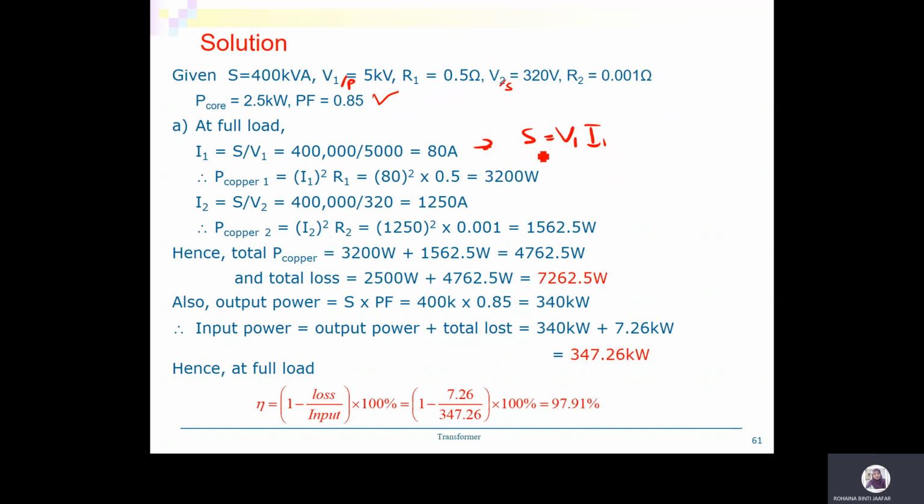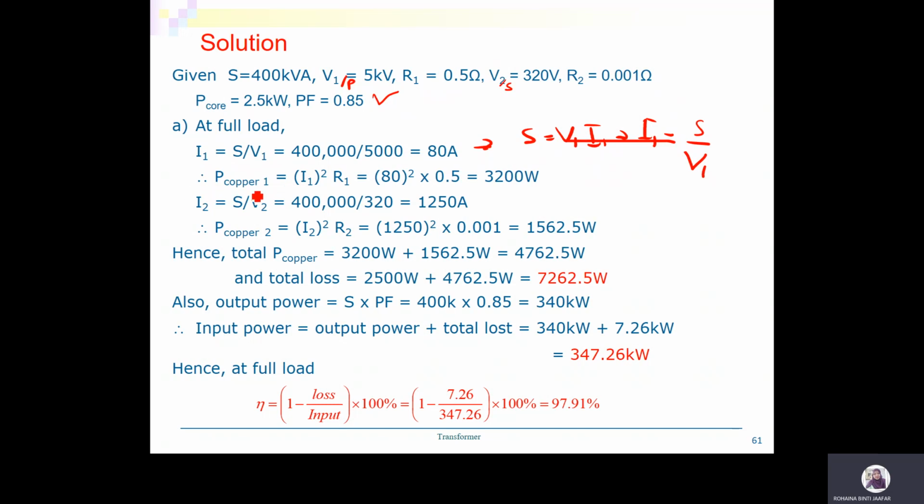So S equals V primary times I primary. To get I primary, or I1, it equals S over V primary.